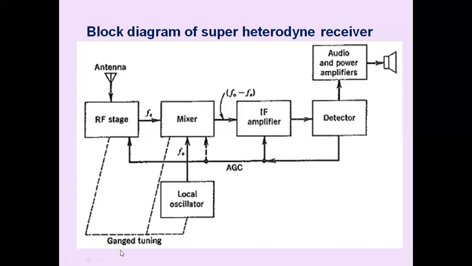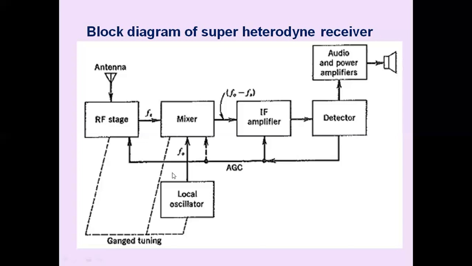Why are we using an RF amplifier? The reasons are we can provide greater gain, better sensitivity, improved signal to noise ratio, improved image frequency rejection, better selectivity, that is improved rejection of adjacent unwanted signals, better coupling of the receiver to the antenna, and prevention of radiation of the local oscillator through the antenna of the receiver.